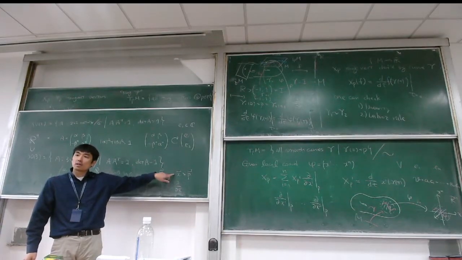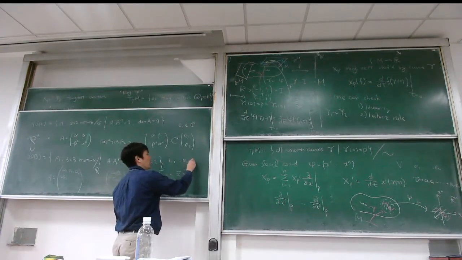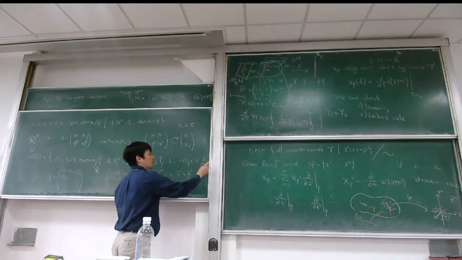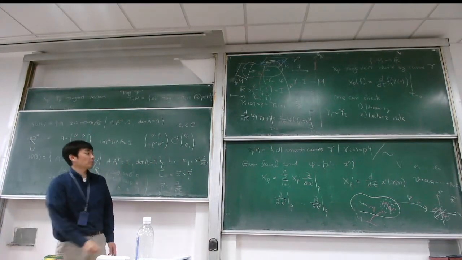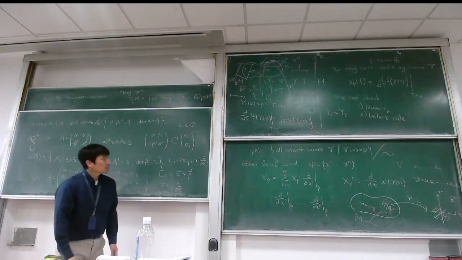So essentially, Li is epsilon i j k x_j partial x_k, right? I hope I'm correct, up to some sign, maybe an i or something.